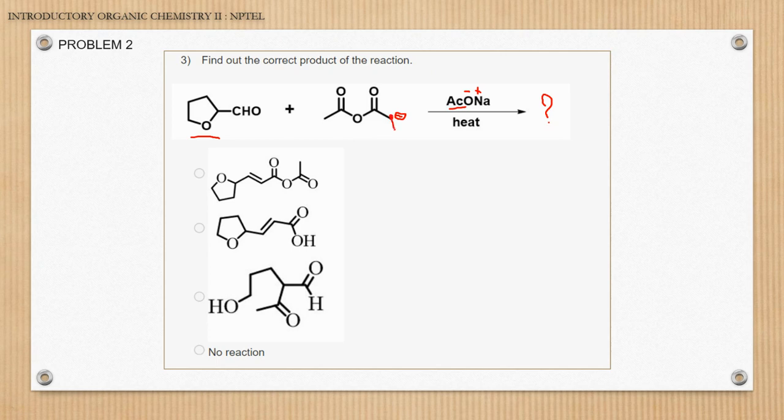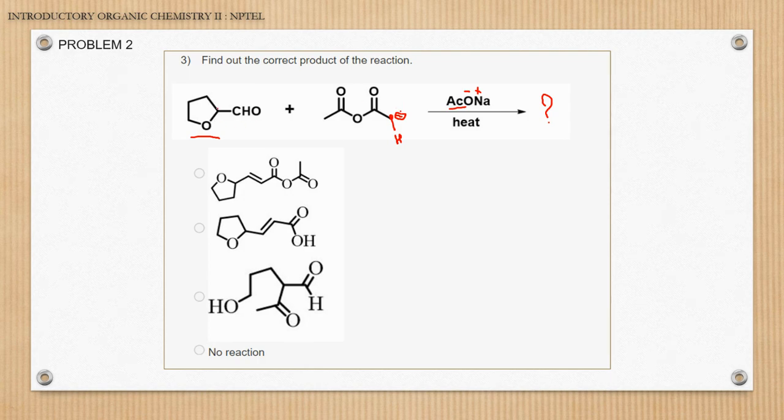This particular proton is abstracted from this carbon, and you get a negative charge at this position, the alpha position of the carbon. Okay. So why is it acidic? Because of the conjugation.